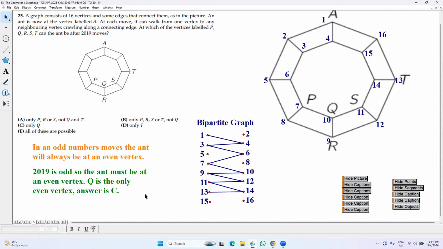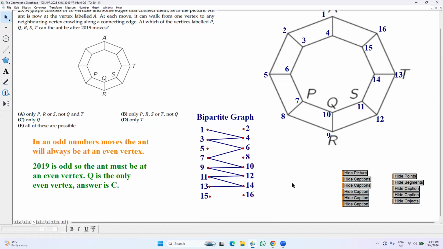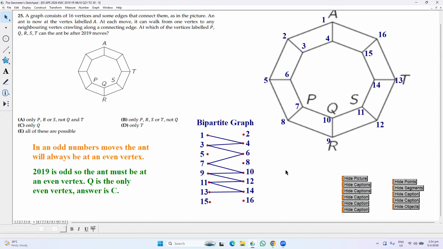So you also want to know how to save time. They will do those questions next time. They use graph theory. The answer is C. Only Q is even there, because 2019 is odd.